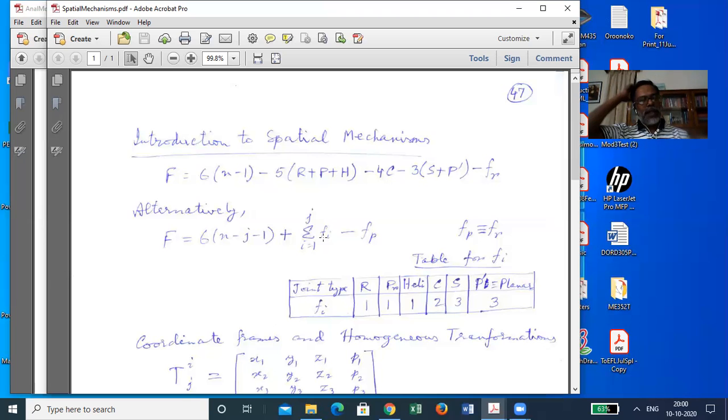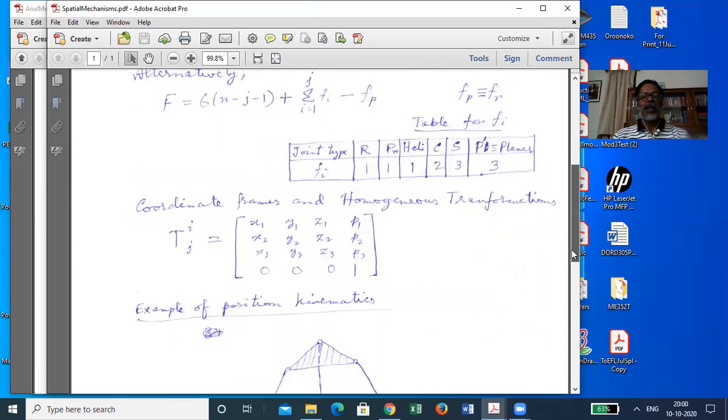There is another little interesting thing in spatial mechanisms, that to show position and orientation together, quite often we use a transformation matrix.